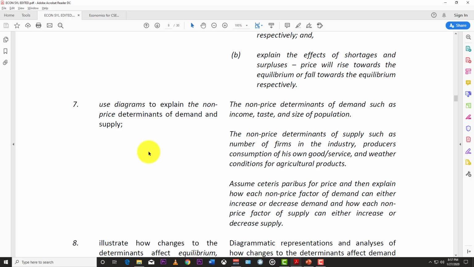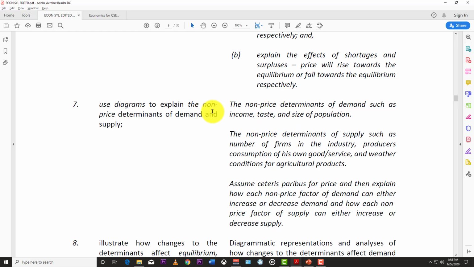Let me just outline one thing here. Objective number 7: use diagrams to explain the non-price determinants of demand and supply. This is where we are talking about a shift in the demand and supply curves, and we looked at that already. We looked at things such as income, taste, and size of the population.